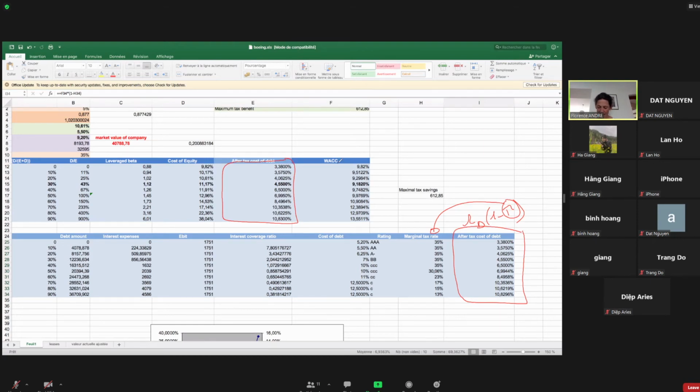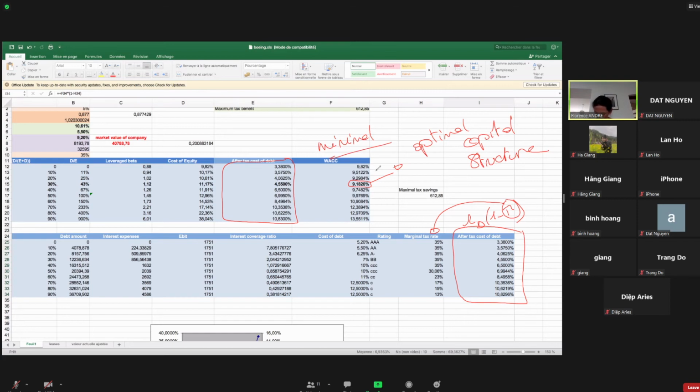You can see that the minimal WACC is 9.18%, for a debt leverage of 30%. So we find the optimal capital structure by looking at the minimal WACC.